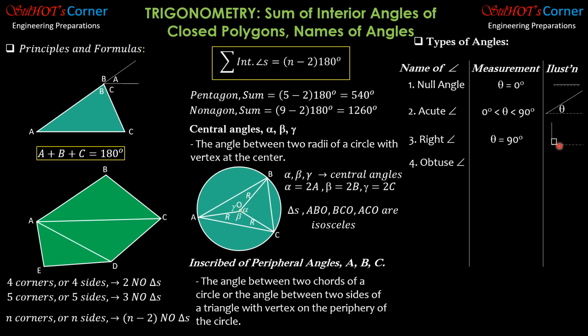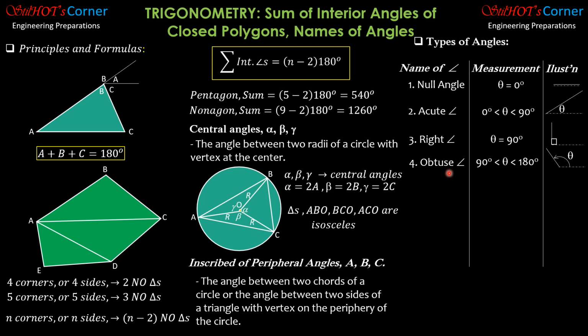An obtuse angle is when 90 degrees is less than theta and theta is less than 180 degrees. That's the illustration for an obtuse angle. Examples: 135 degrees, 155 degrees, 100 degrees, between 90 and 180 degrees.